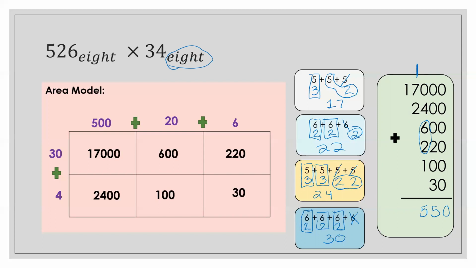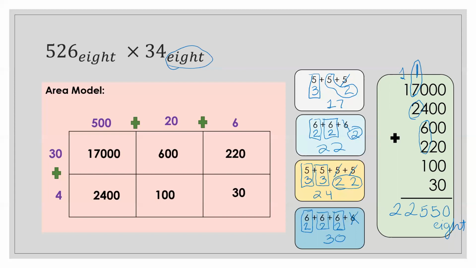Again, we are adding in base 8, so we'll make groups of 8. Here's one group of 8 that's going to go to the next place value. And I have 2 singles right here. And then 1 plus 1 is 2 in base 8.